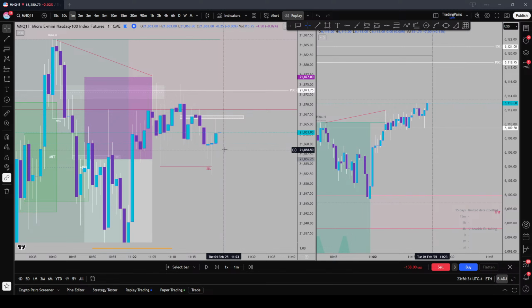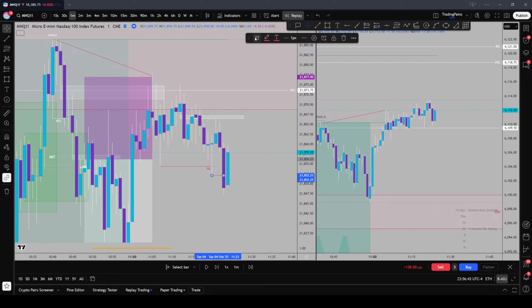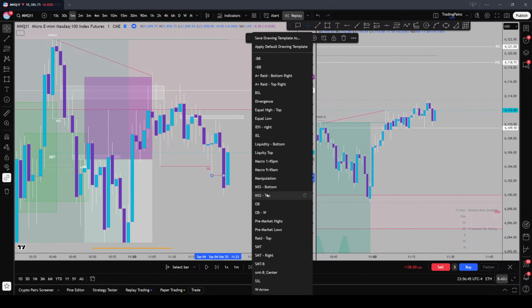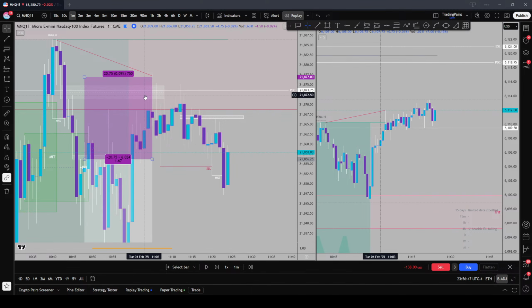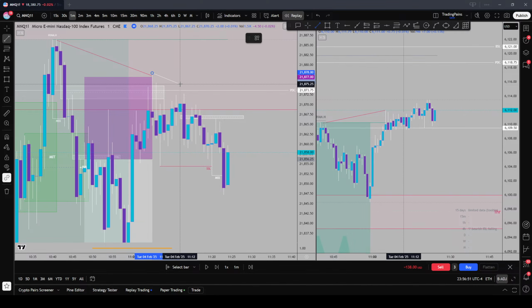Let's go up. Okay, there we go. I think this feels a little better. Market structure shift right there. And then we have SMTs to this part. Yeah.